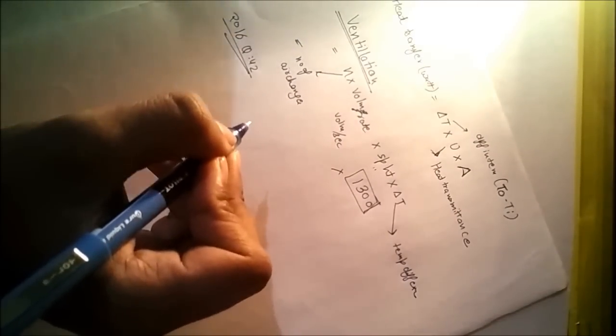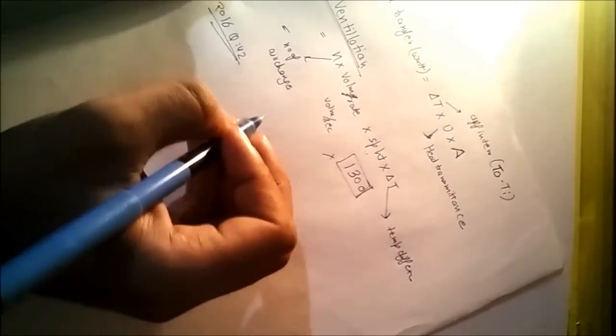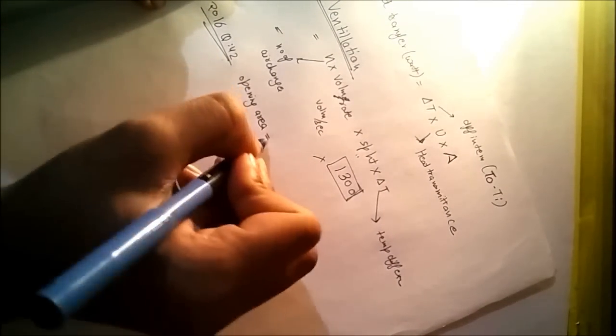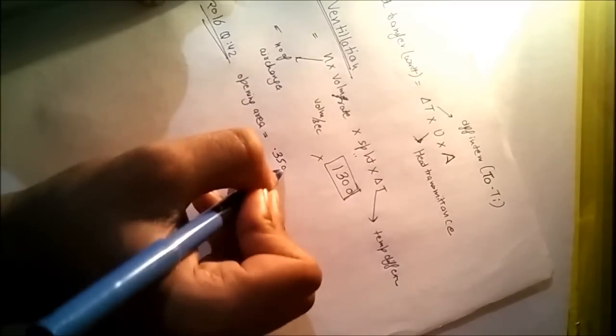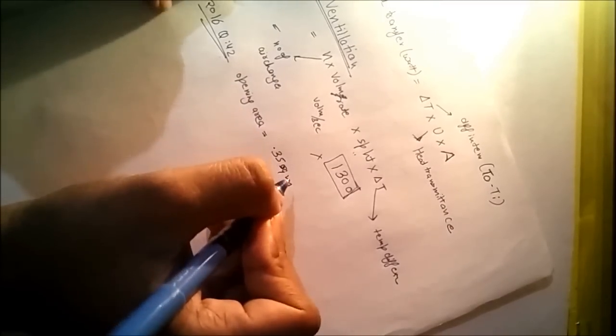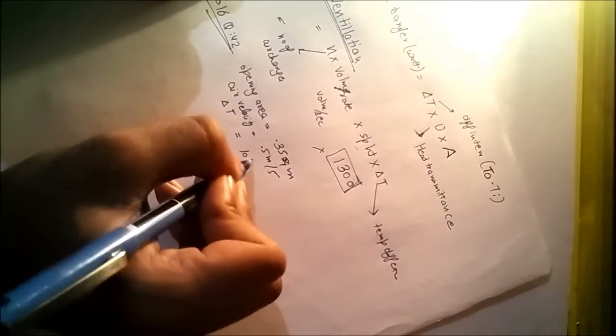We will take a numerical on ventilation, that is GATE 2016, question number 42. In this numerical we are given the opening area of the window as 0.35 square meter, and air velocity equal to 0.5 meter per second. Delta T temperature difference is 10 degrees Celsius.